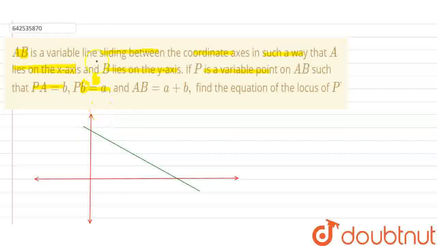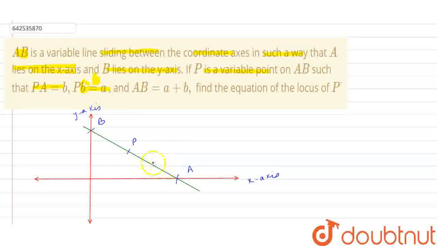So as the question says, the point that lies on x-axis is point A, so this is point A, and this is point B which lies on y-axis. This is our y-axis and this is our x-axis, right? And next it says there is a point P. So let's take this point P. It is a variable point, that means it is also changing, and we are given that PA is b.